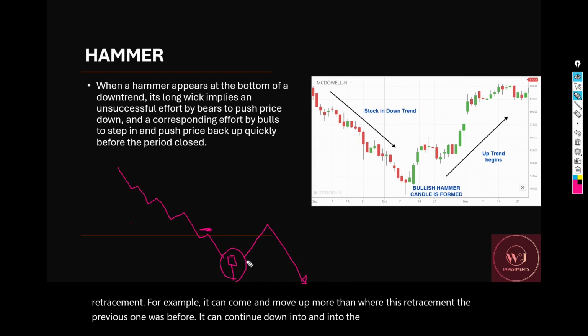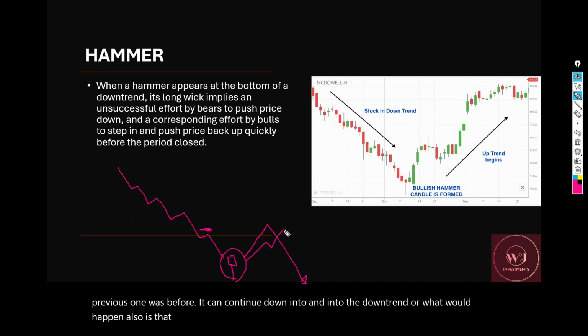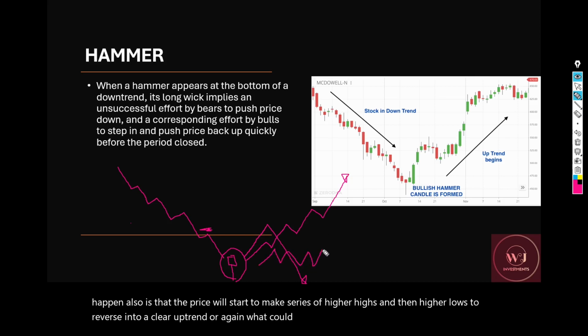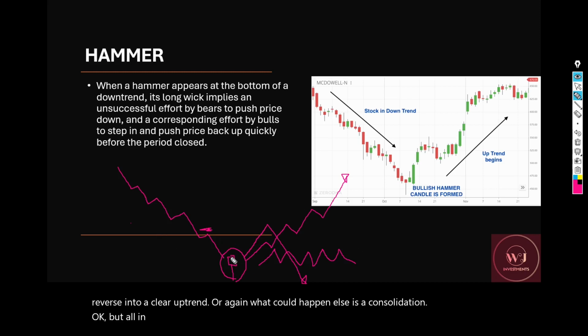Or the price will start to make a series of higher highs and higher lows to reverse into a clear uptrend. Or again, what could happen is a consolidation. Okay, but all in all, the hammer implies that the trend in force, which is a downtrend at that moment, has weakened.